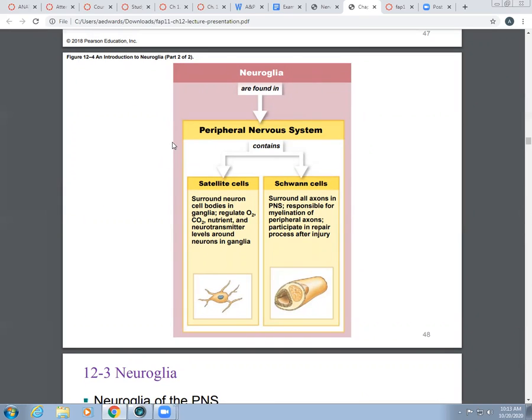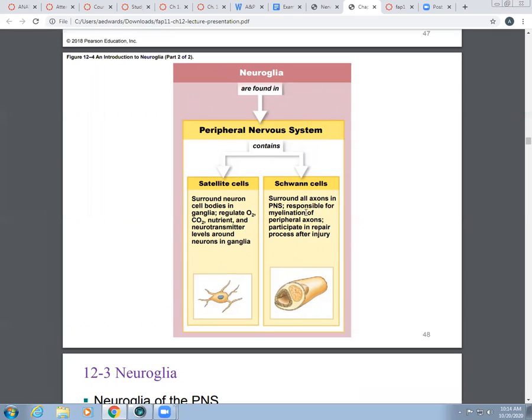All right. So our satellite cells are going to surround the cell body of the neuron at a ganglia, or collection, excuse me, of neural tissue. They're going to regulate levels of neurotransmitter, nutrients, oxygen, and carbon dioxide around those neurons.